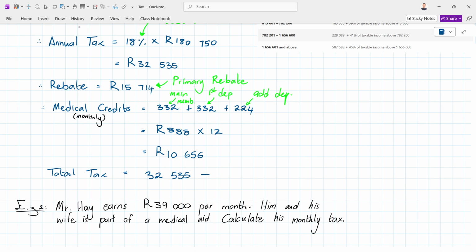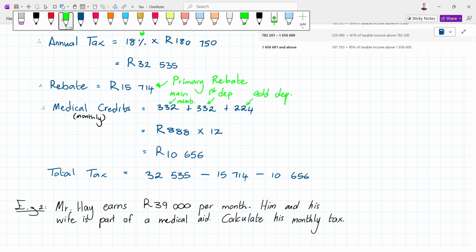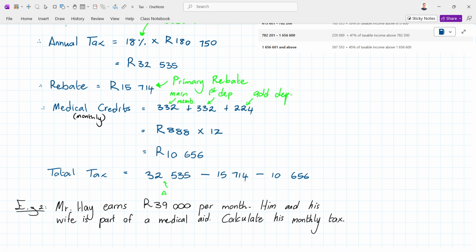She's going to get the rebate of 15,714 Rand. And she's also going to get the medical aid credits, 10,656 Rand. So again, this is the annual tax.